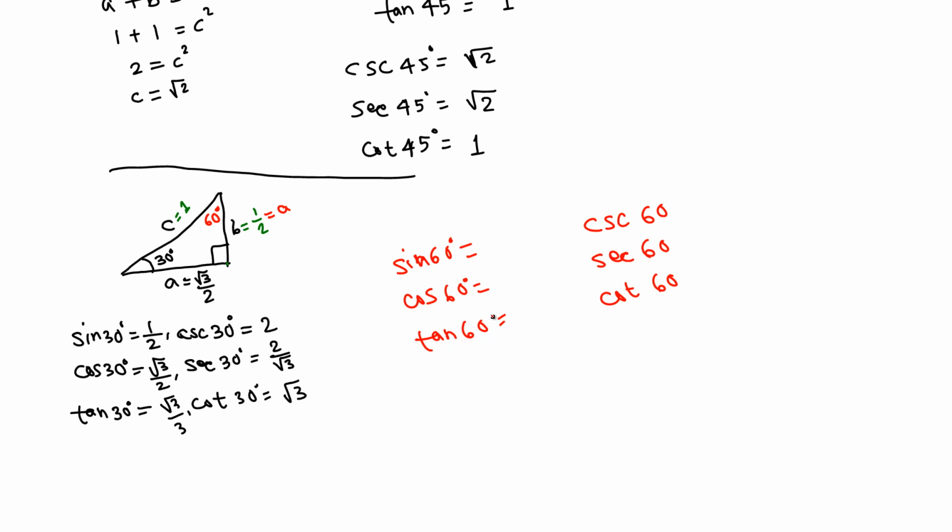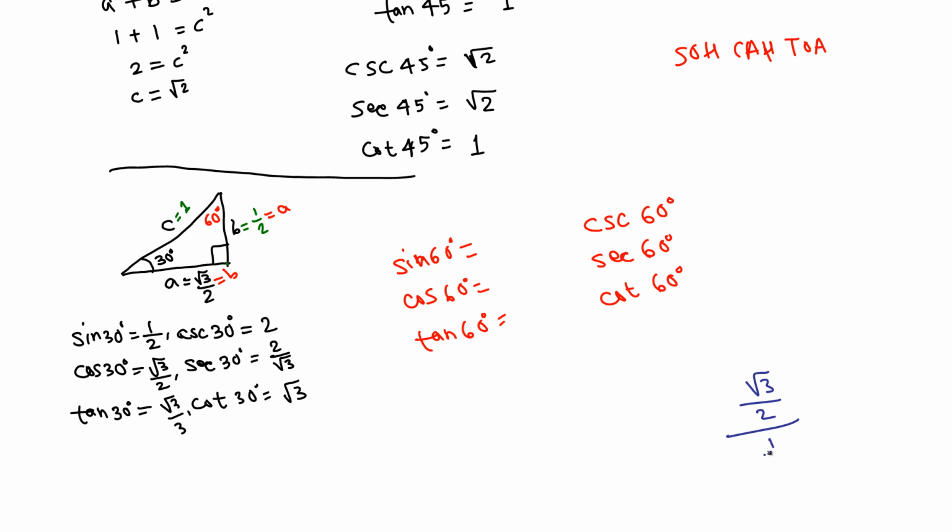Okay, 60 degrees by the way. And for 60, this is adjacent, this is opposite, so this will be B, and the hypotenuse remains the same. So sine is now SOHCAHTOA, opposite over hypotenuse. For 60, this is opposite, so √3/2 divided by 1/2. Oh, √3/2 divided by 1/2, let me find that.